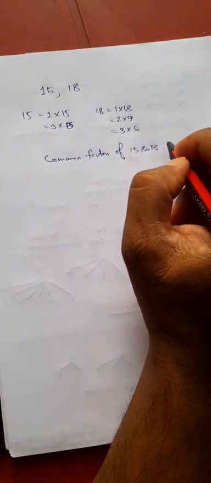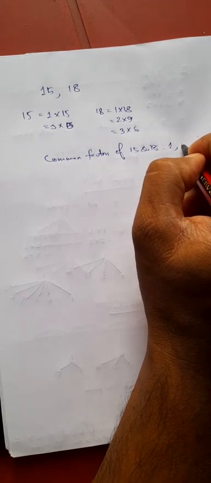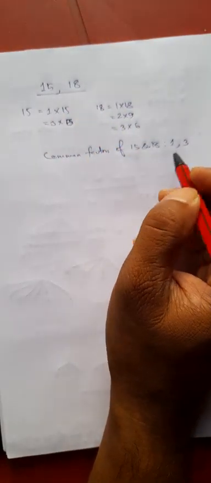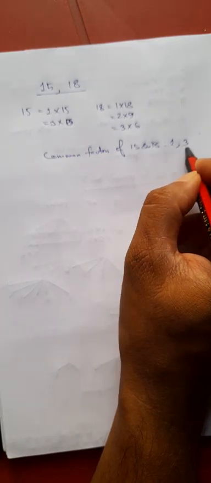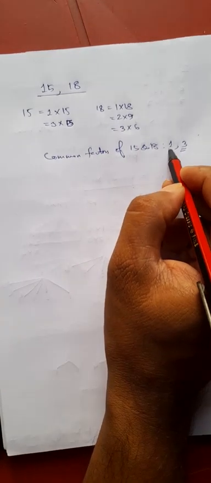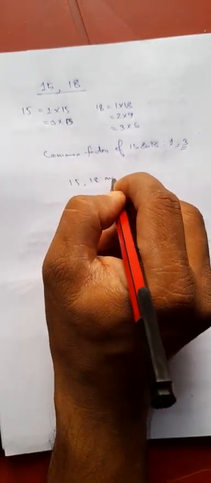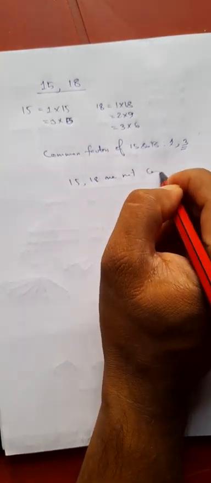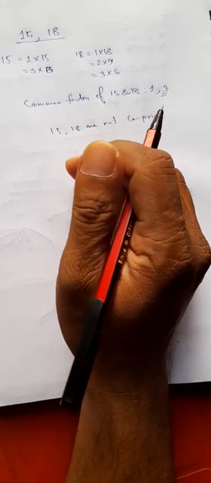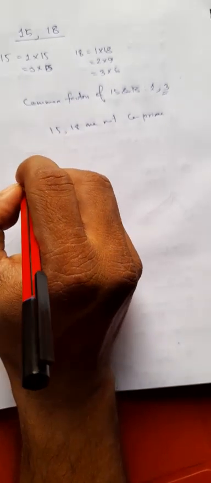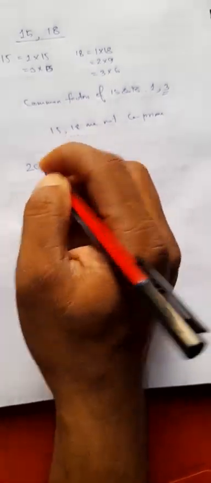What are the common factors of 15 and 18? 1 and 3. So this pair of numbers 15 and 18 have common factors other than 1. This is 3. That is why 15 and 18 are not co-prime.